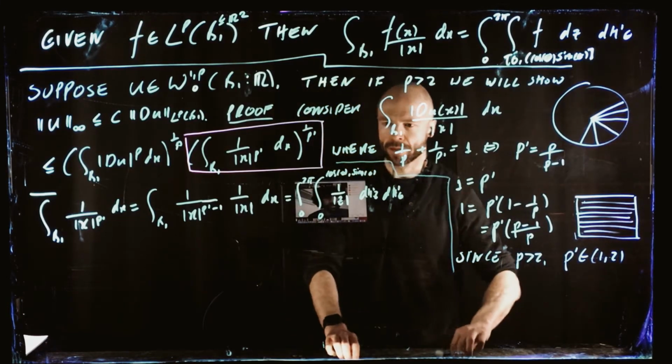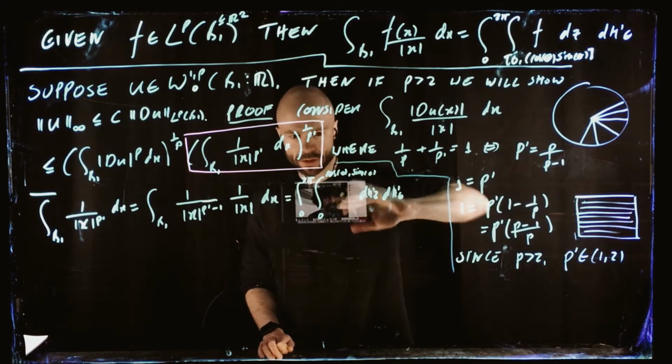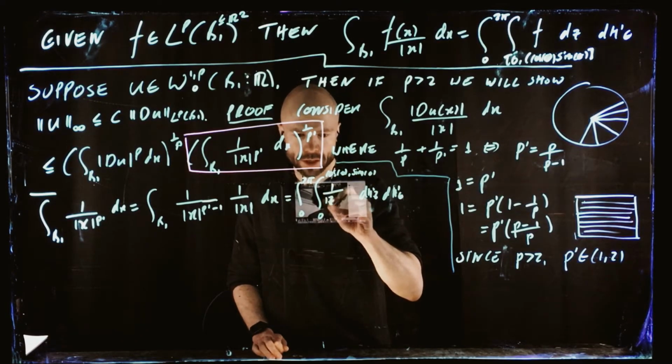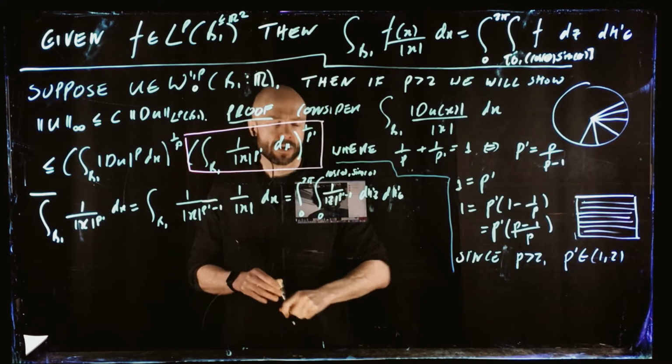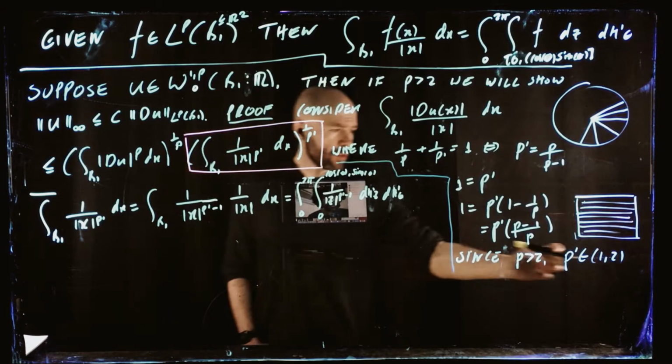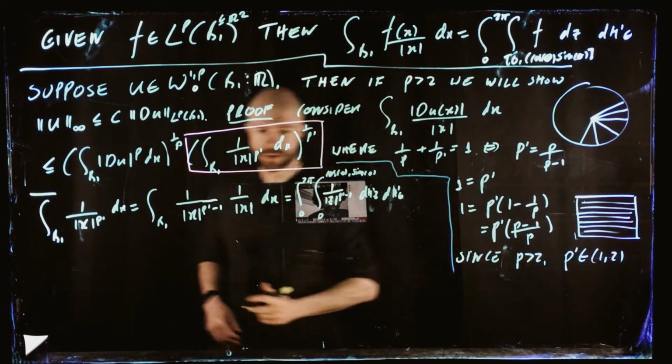Like this. Right? And this is the wrong exponent. This is 1 over mod z to the p prime minus 1. Yeah? And p prime is between 1 and 2, so p prime minus 1 is strictly less than 1. Yeah?